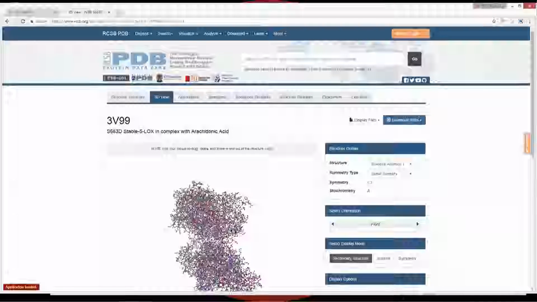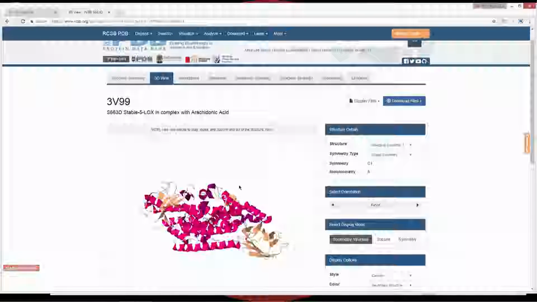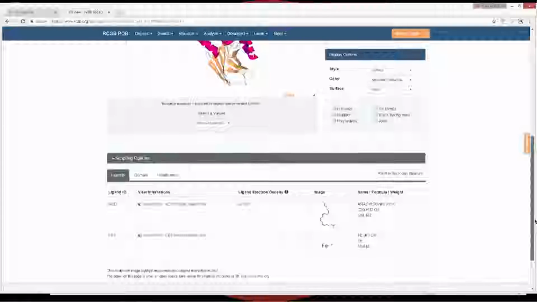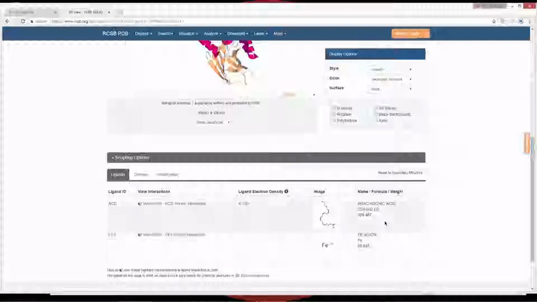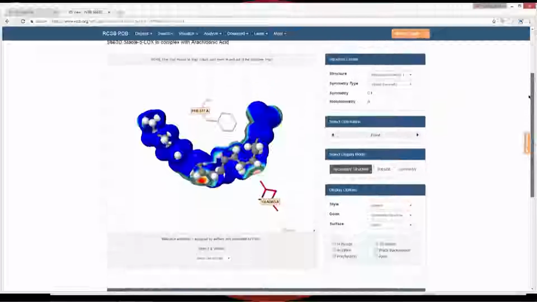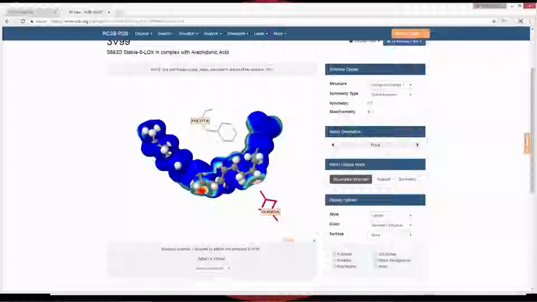As you can see here, this protein has arachidonic acid as well as the ion. We can specifically look at where the arachidonic acid is present. So, this is the arachidonic acid. We can view the protein from the arachidonic acid pocket. You can see that this is your arachidonic acid, it is a long chain hydrocarbon.